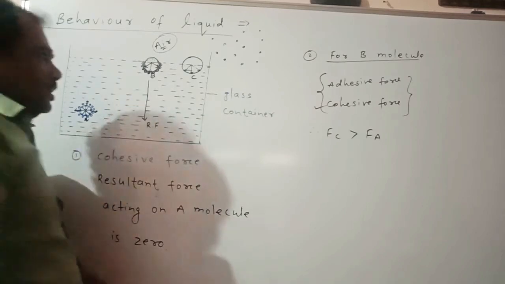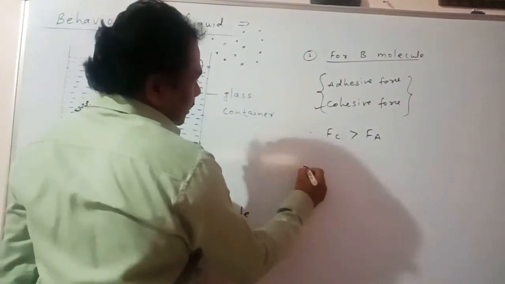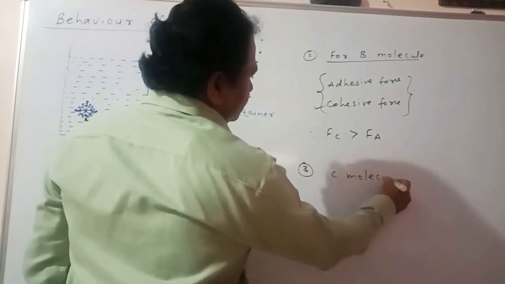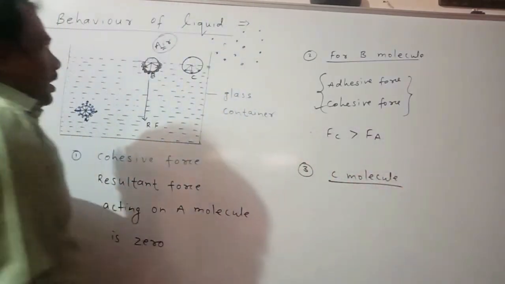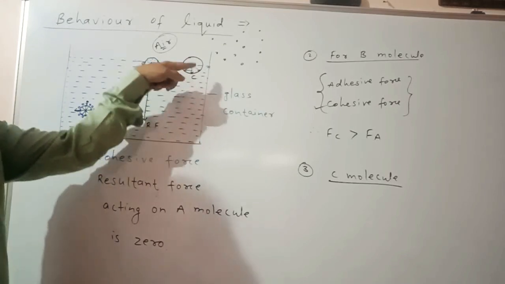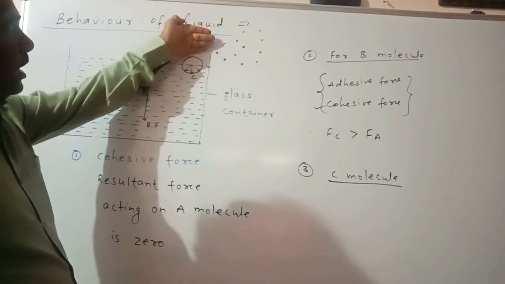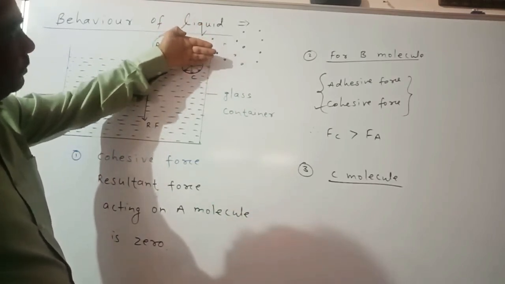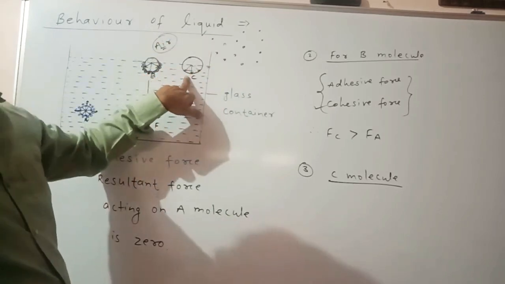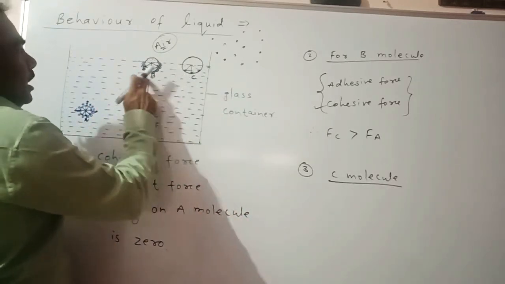Now let us consider the third gas-liquid molecule, the C molecule. This C molecule has its sphere of influence half in the air medium and half in the water. See here, these two molecules are at different positions.